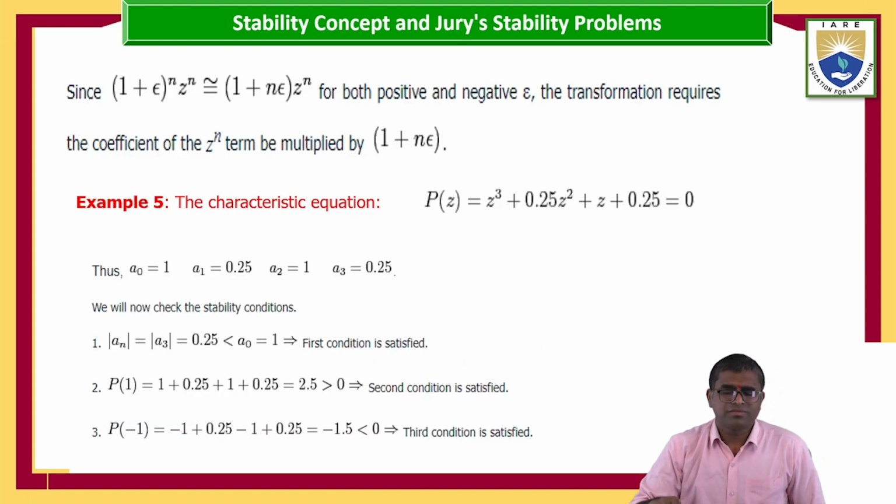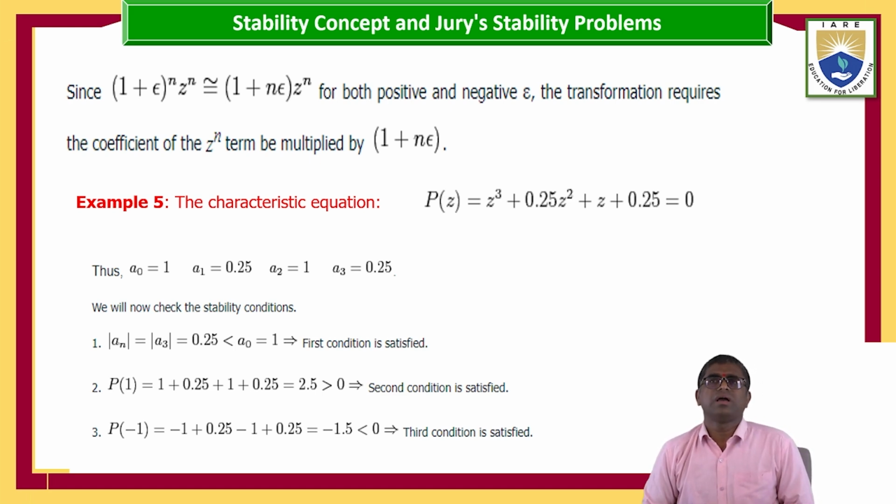Finally, we are saying that the total singular cases is going to be positive and negative, and the transformation equations have to be z power of top terms into going to be multiplied with 1 plus n zeta. We will see this one with an applicable example.